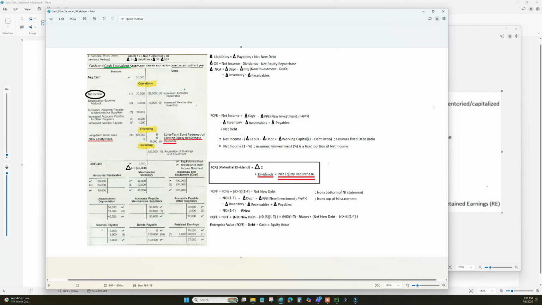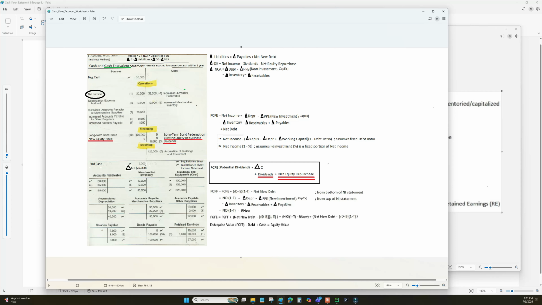Accounts payable is essentially a loan from your suppliers, so it's viewed as a source of cash because you're not having to pay it. Here's just another accounts payable account for different suppliers. And then salaries payable. If you're paying your employees every two weeks and we're looking at a cash flow in between, you've got some outstanding salaries you haven't paid yet, which is also a source of cash.